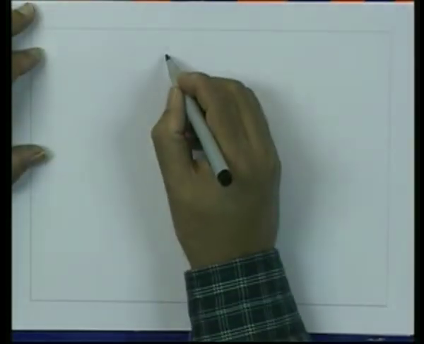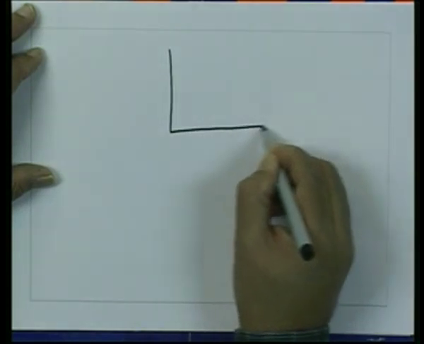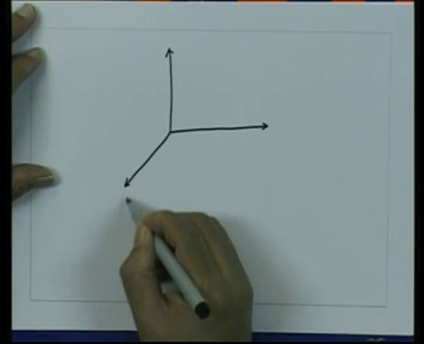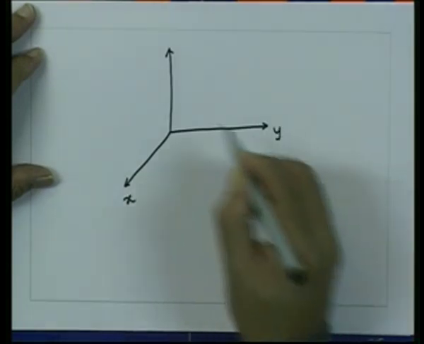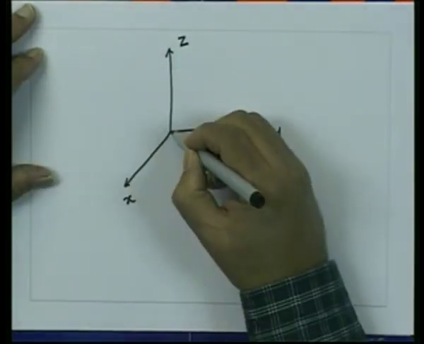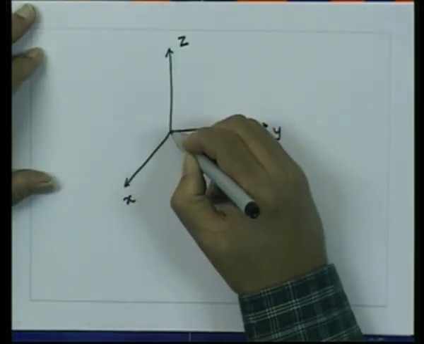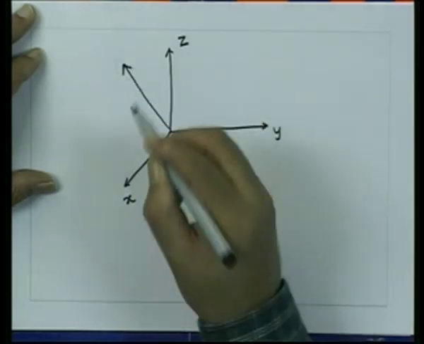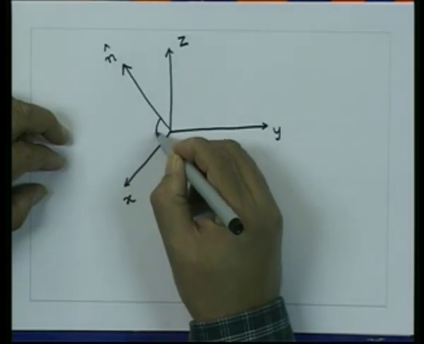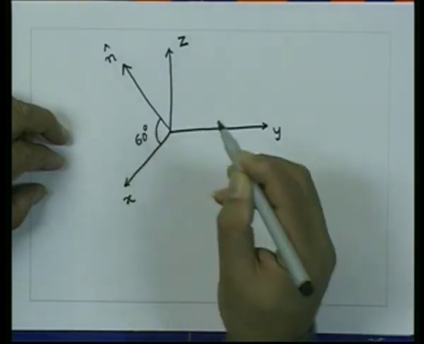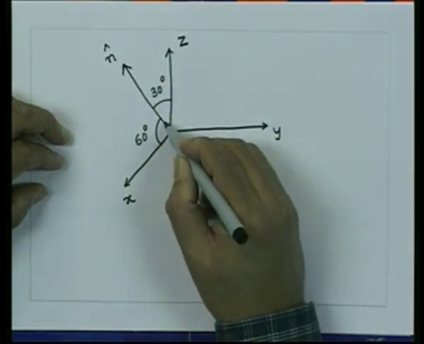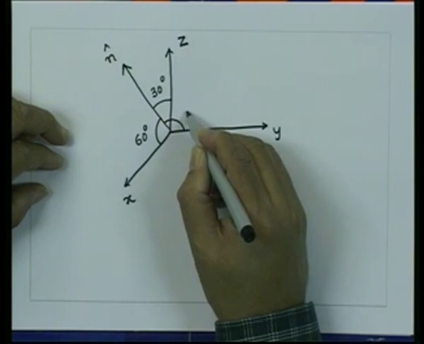If we write down the coordinate axes, this is x, this is y, this is z. The wave is travelling in this xz plane, something like that. This is your unit vector n, where this angle is 60 degrees, this angle is 30 degrees, and this angle with y is 90 degrees.